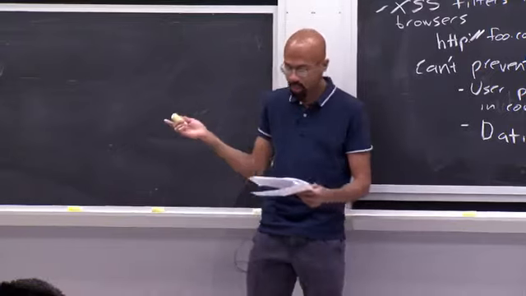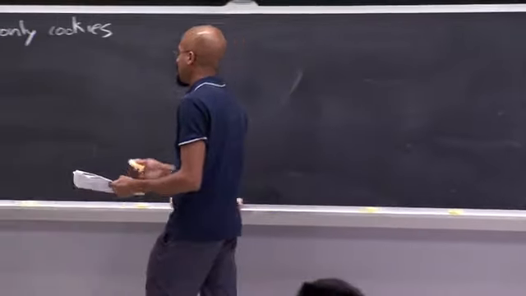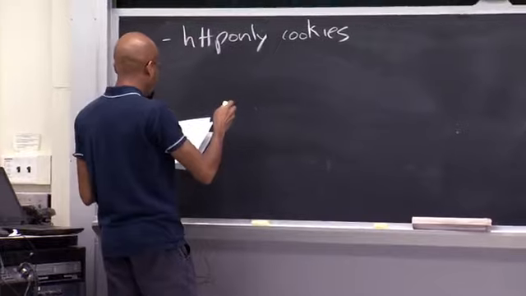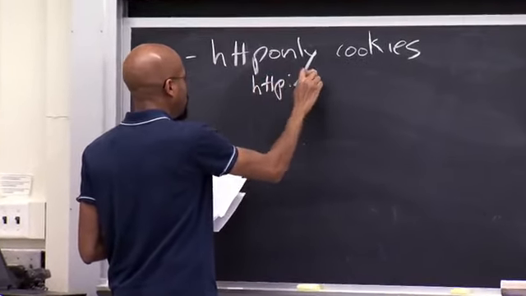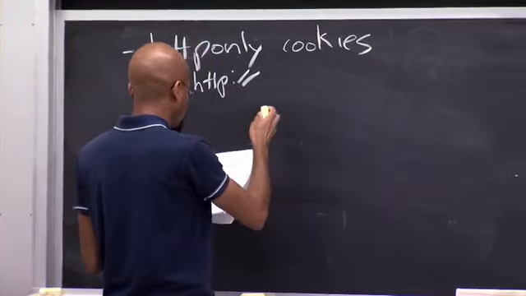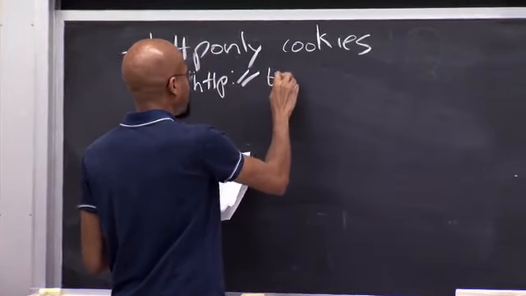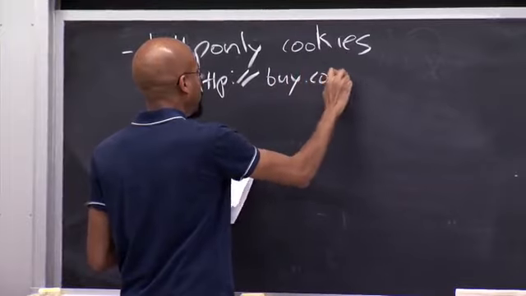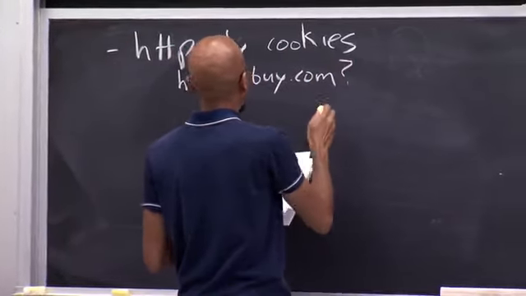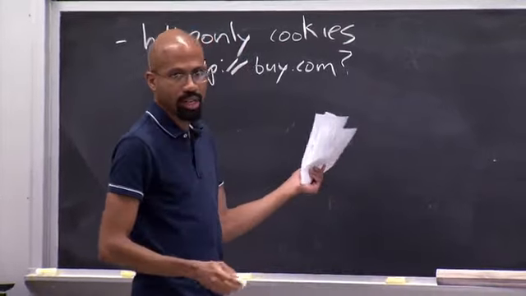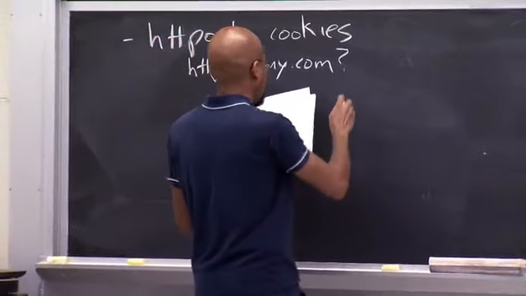And so this is only a partial defense, though, because the attacker can still issue requests that contain the user's cookie. This was the cross-site request forgery that we looked at in the last lecture. So even if JavaScript code can't manipulate cookies, the attacker can still conjure up a URL to some e-commerce site, let's say buy.com.